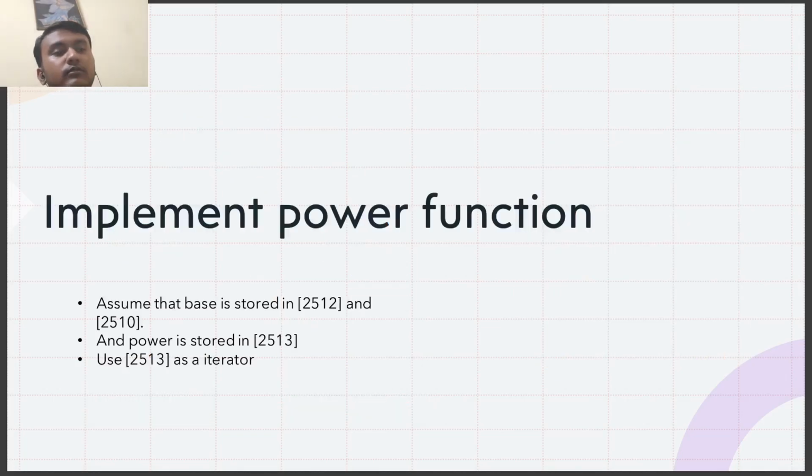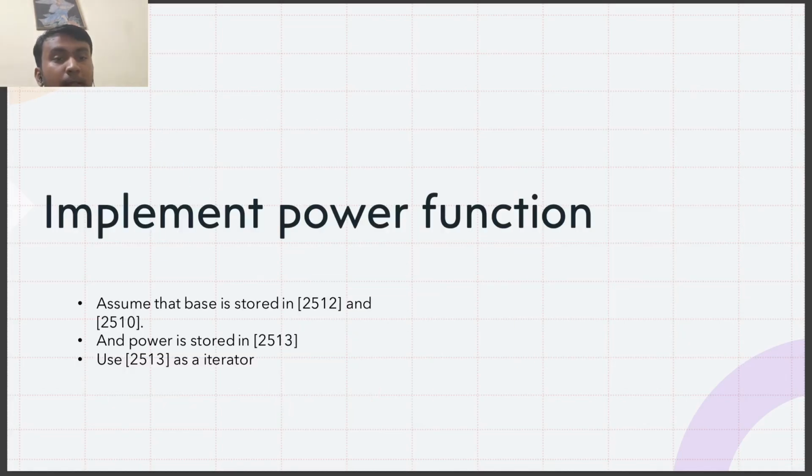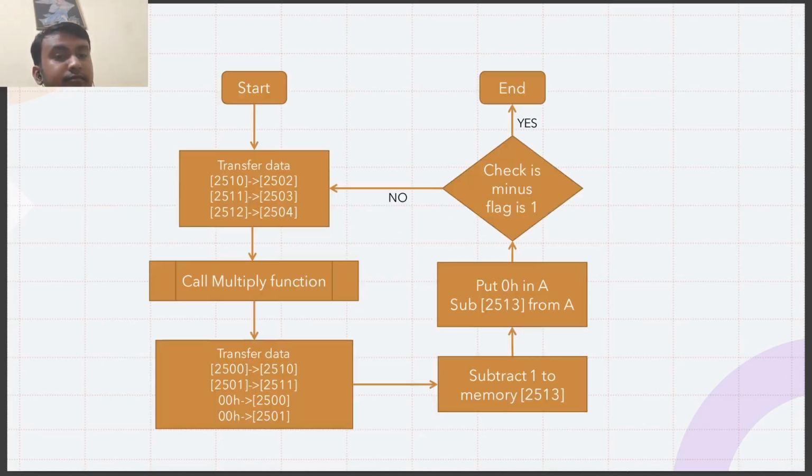Then for the power function, we assume three things. The base is stored in 2512 and 2510, that I have shown here. Then the power is stored in 2513, and we use 2513 as an iterator.